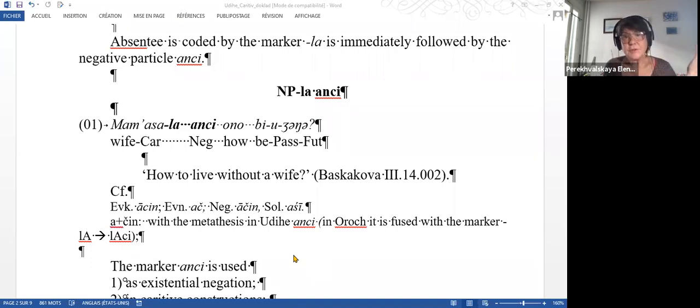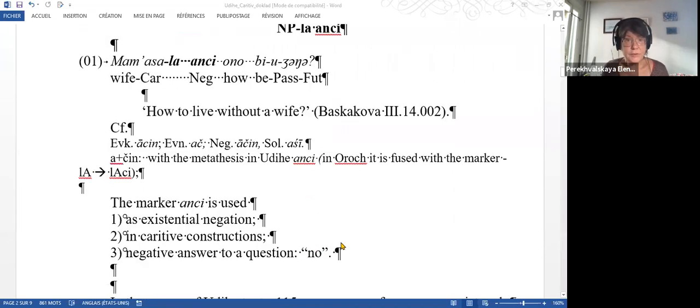Probably it is a metathesis of achin, anchi, but then I thought probably it is a contamination of ana and achin. It is just a guess. I don't know, because ana is not used in Udihe. However, it is used in all surrounding languages and in Oroch.